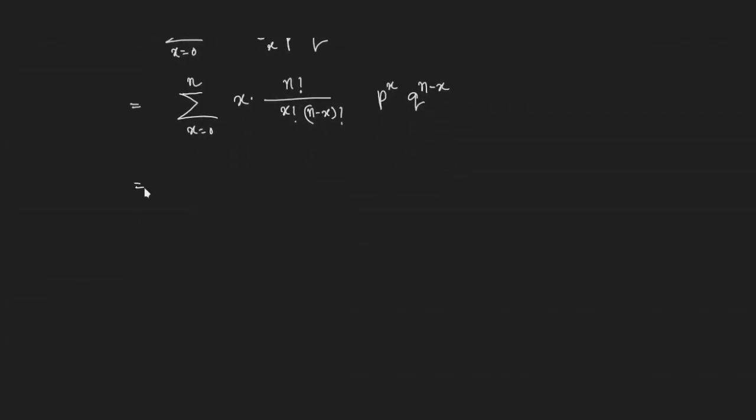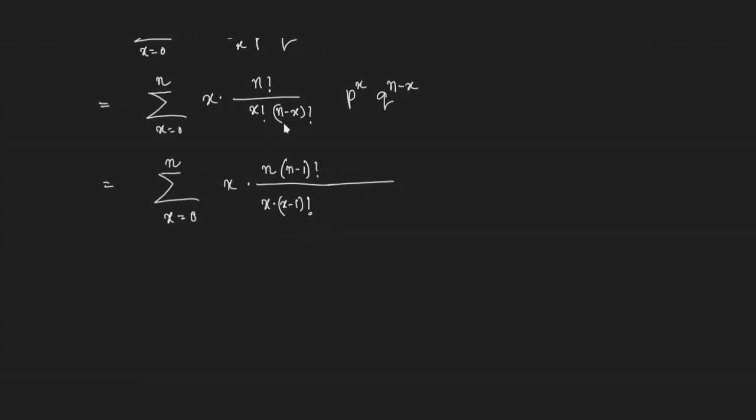This can be written as the summation, x from 0 to n, of x times n times n minus 1 factorial. I just expanded n factorial by one step. Then x factorial can be written as x times x minus 1 factorial.